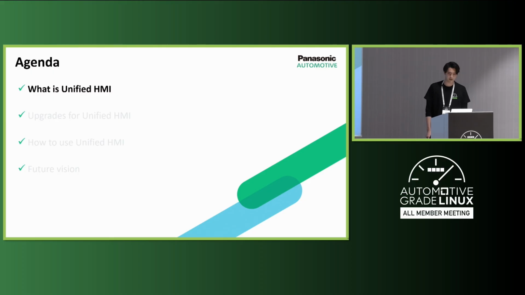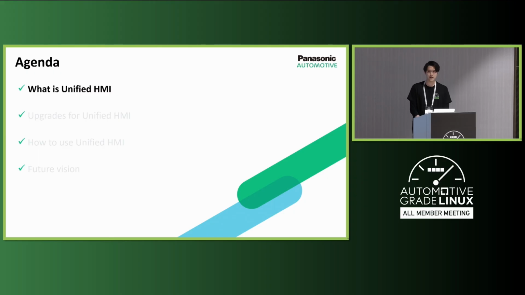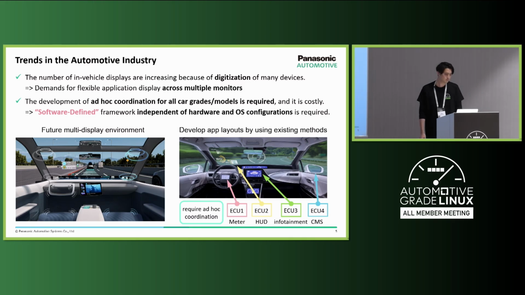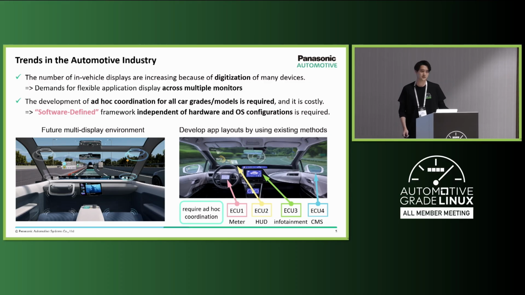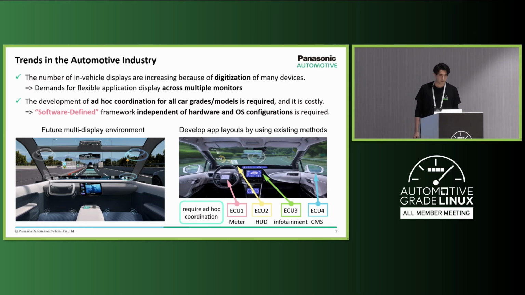The first topic is what Unified HMI is. Before that, I will introduce the background explaining why Unified HMI is necessary for the automotive industry. As mentioned in some keynotes, SDV is one of the trends in the automotive industry, and we are focusing on multiple displays.